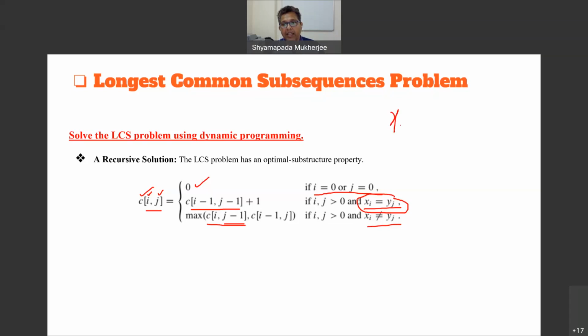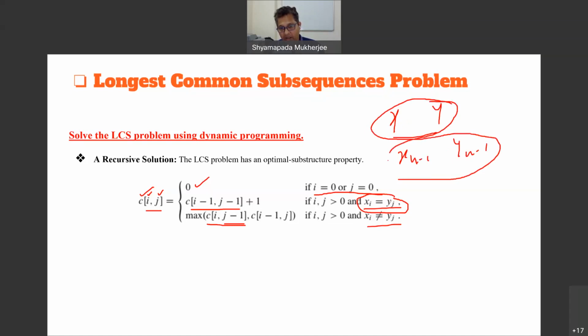We have X and Y, and in X and Y we have two subproblems, Xn-1 and Yn-1. The subproblem for the longest common subsequence problem contains the longest common subsequence problem for the smaller problems Xn-1 and Yn-1, and for other options also it is true.